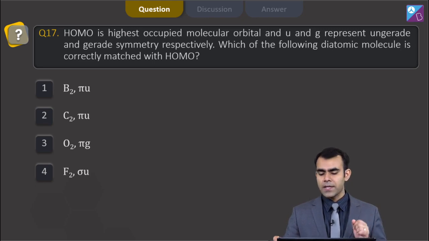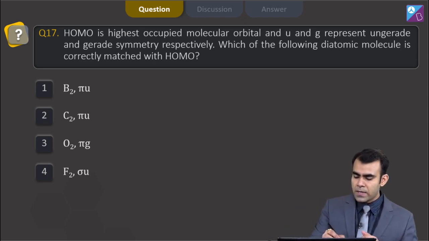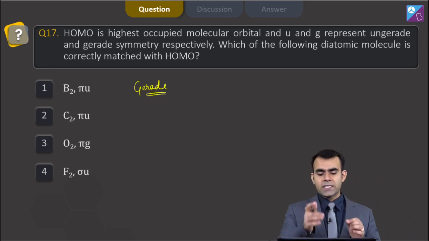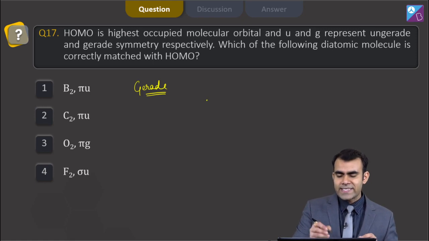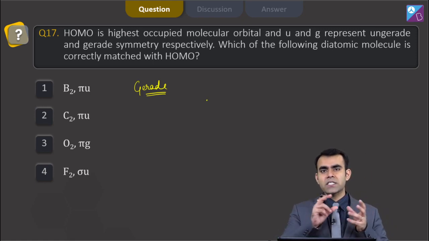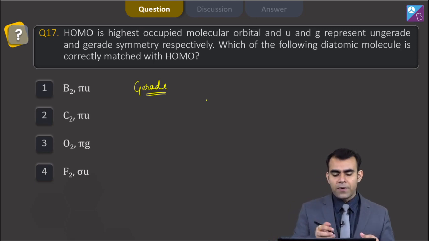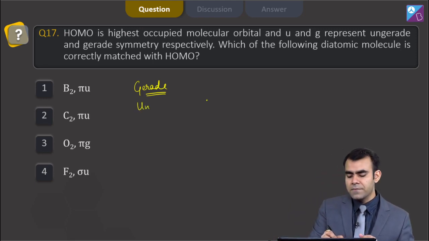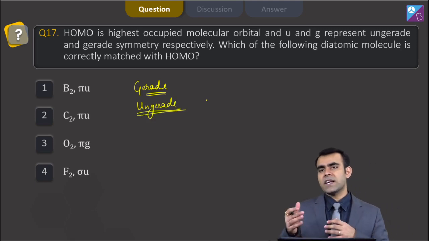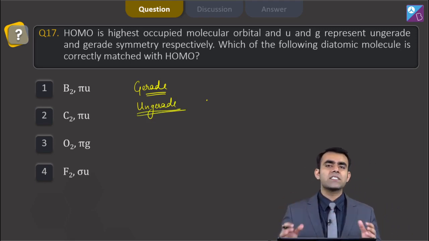Now the thing is that gerade means that if I take the center point and we see the inversion, then we get same sign along that. Whereas in ungerade we do not find this symmetry and we get different signs.